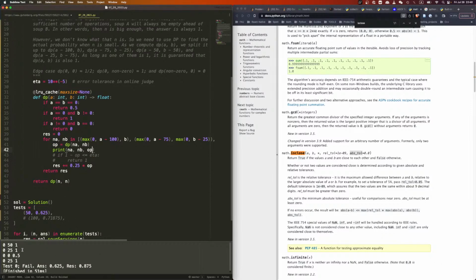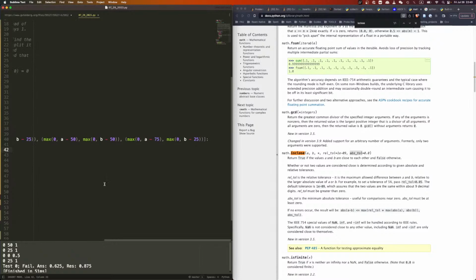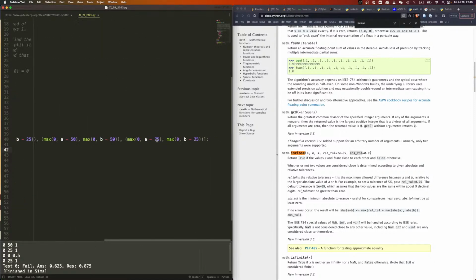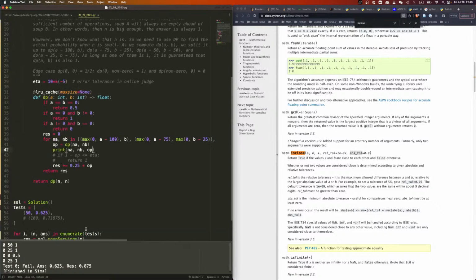Okay, NA and B. 1.5. 1.5. Oh, shoot. Wait, that should be 0.